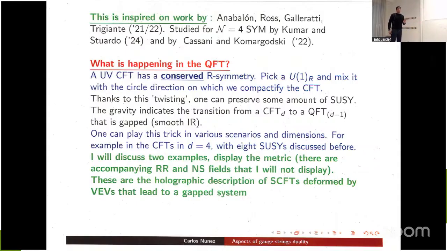Okay? Yeah, please. Can you see which relevant operator triggers the flow in the CFT from this geometric point of view? Yeah. So let me repeat the question for those of you who are in the back. What you ask is, can you see precisely in the CFT, in the UV, what's triggering this flow?